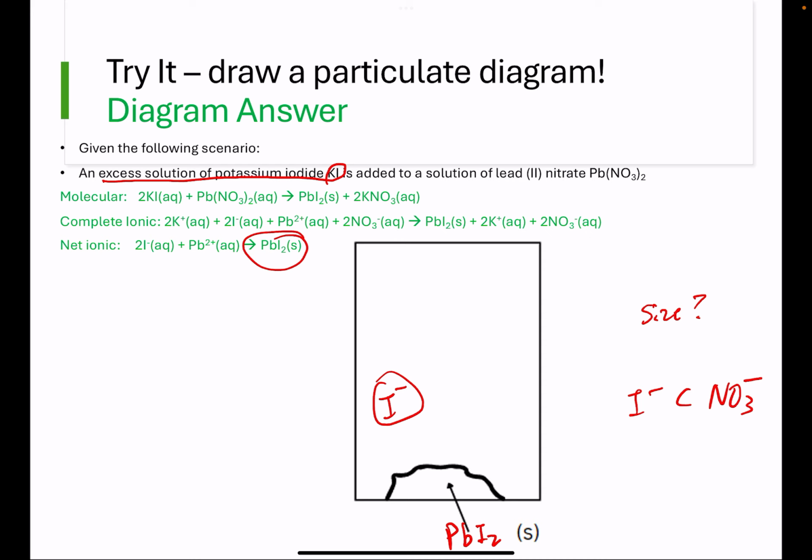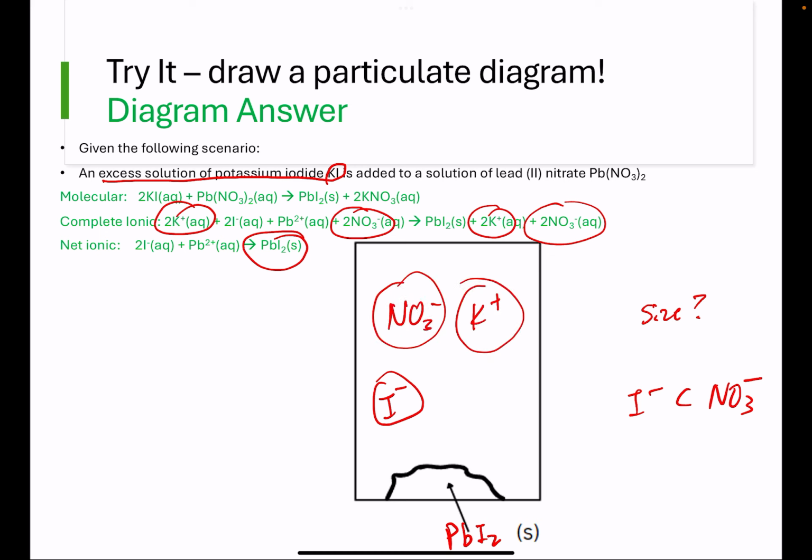And let's look at what the spectator ions are. Again, these are the things that completely dissolve: our potassium and nitrate are always going to stay in the water without reacting. We refer back to the solubility chart. They will remain in water, so we can just draw those out. So 2K, so those balance out.